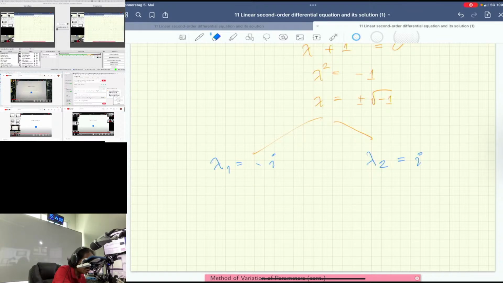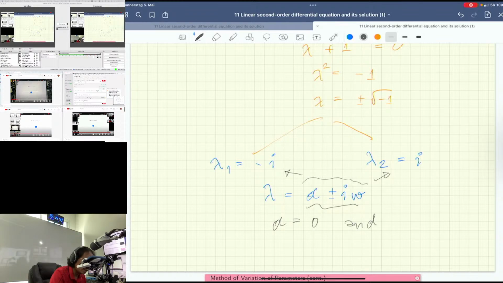Let's compare it to the typical expression. Lambda will be alpha plus or minus i omega, right? So in this case, after you compare this, you would find that your alpha is 0 and your omega is 1, right?